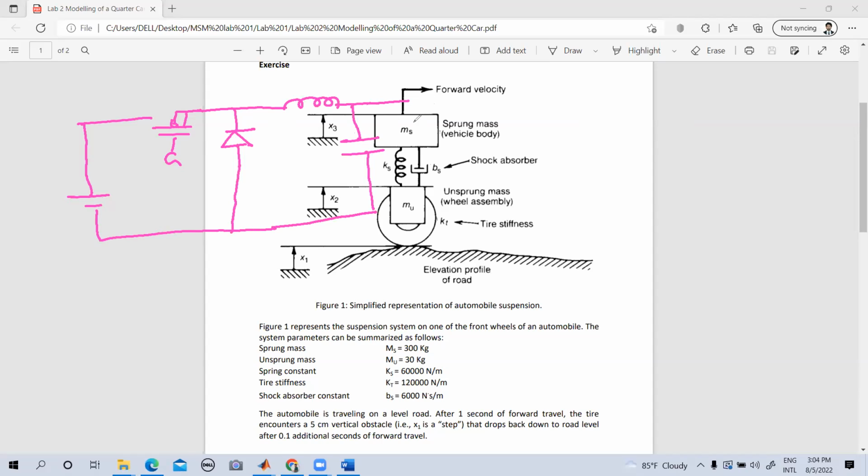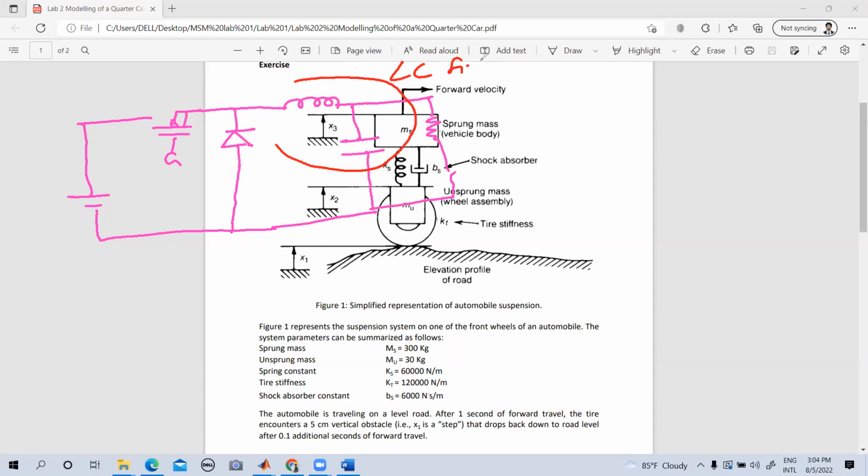Have you done power electronics? You have, right? Yeah, okay. So you all know this. So you have the load over here. This particular part, I think you all remember, we call the LC filter.